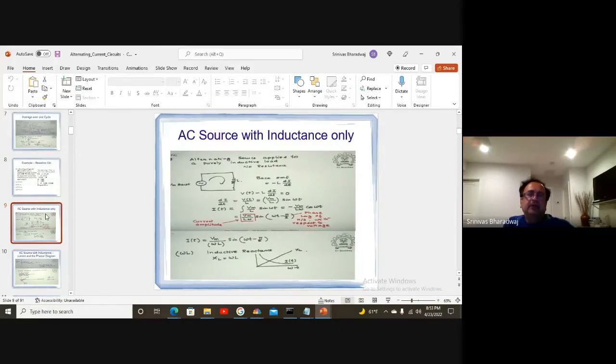Therefore, if the voltage is sinusoidal, right, the current will be shifted by a phase of pi by 2. So in the pure sinusoidal case, the current will be cos omega t. Cos omega t is one phase lagging with respect to the voltage.